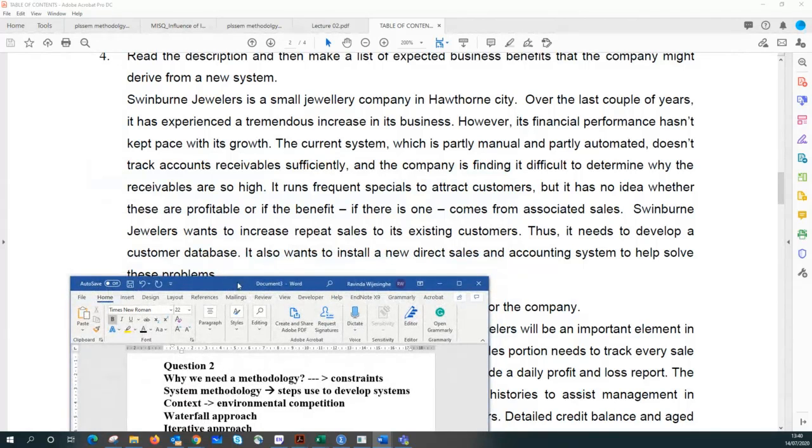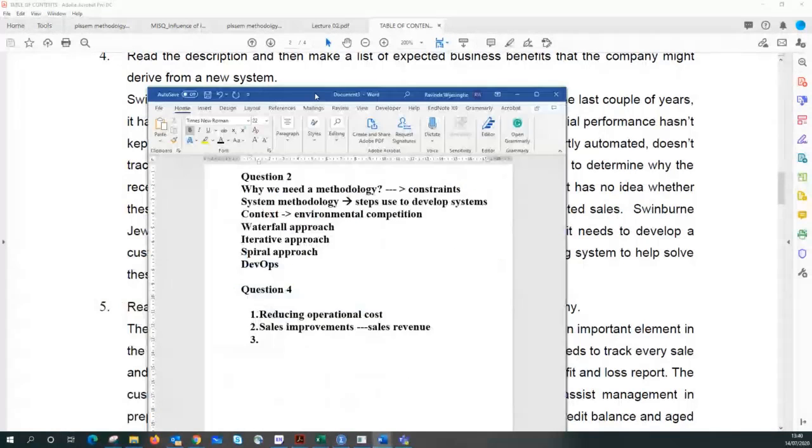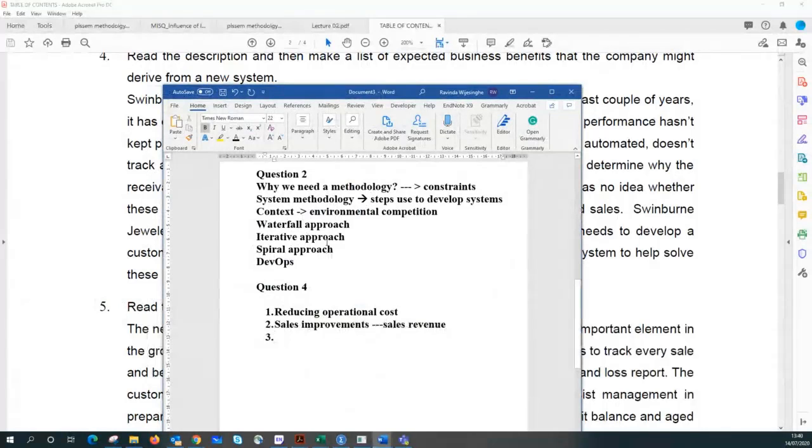If you put, sorry, the customer database. So another improvement I would say is improvement in inventory controls, right? Because jewelry is a very high-end product, isn't it? We don't want to stock too much of costly products in our stores.